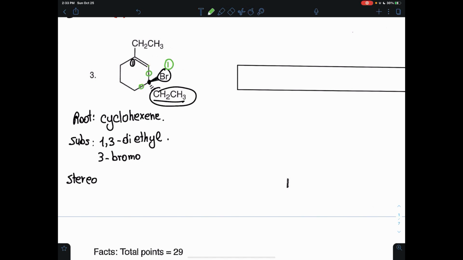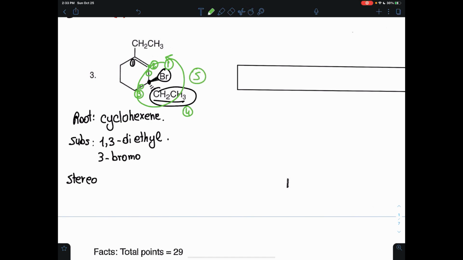I know this carbon is going to win because when you have a double bond, this carbon is like it's connected to 2 carbons, right? This is how you always want to count it. Just keep that in mind. That's why this one will have a bigger size, so higher priority. And then this will be my number 3, and the ethyl will be my number 4. So that will be going counterclockwise, so that's S.